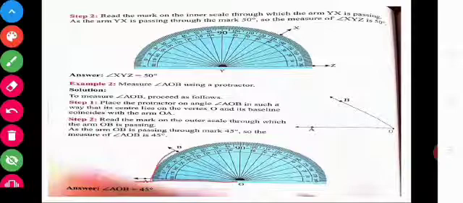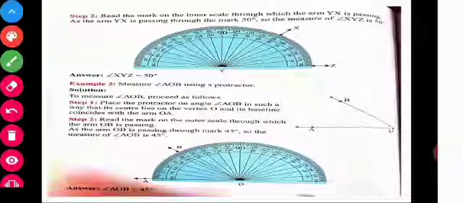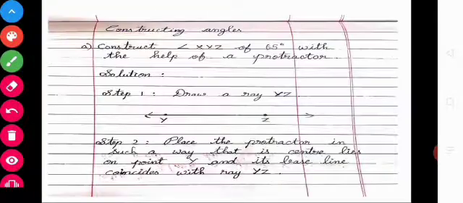Read the mark on the outer scale. How much degree is it? 45 degree, as the arm OB is passing through the mark 45 degree. So the measure of angle AOB is 45 degree. And the next one is constructing angles.